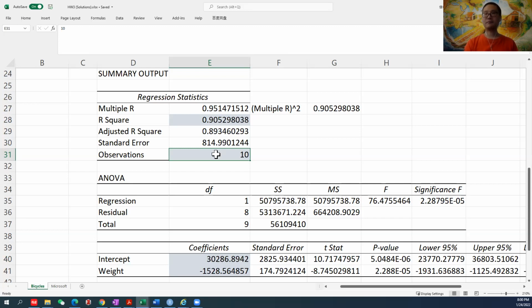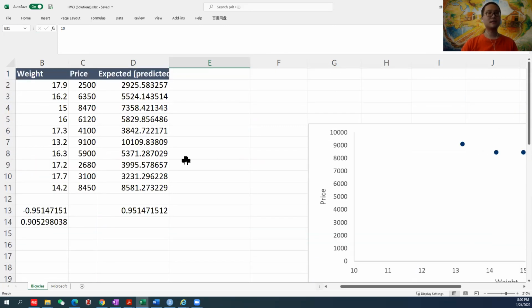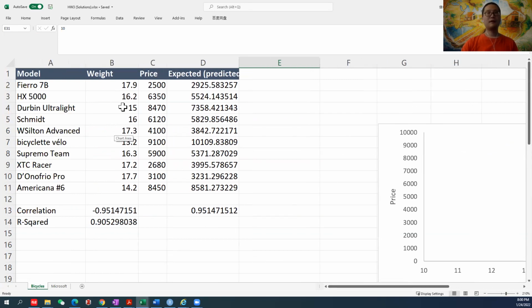I noticed in previous quarters that some students select the data input for regression including labels.